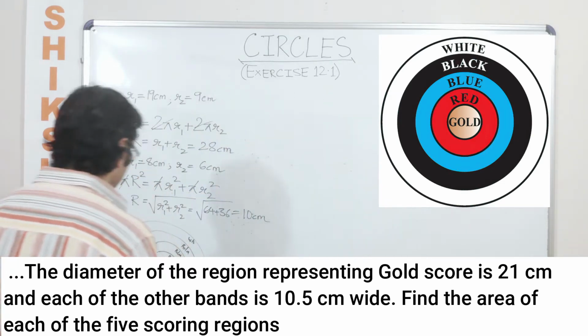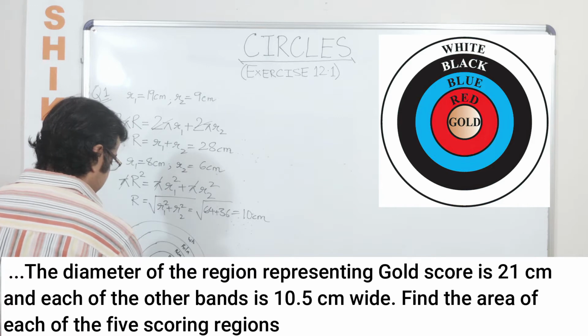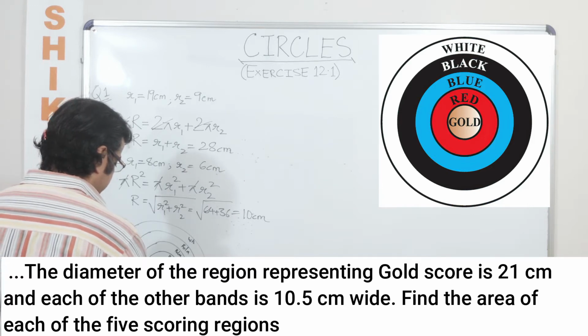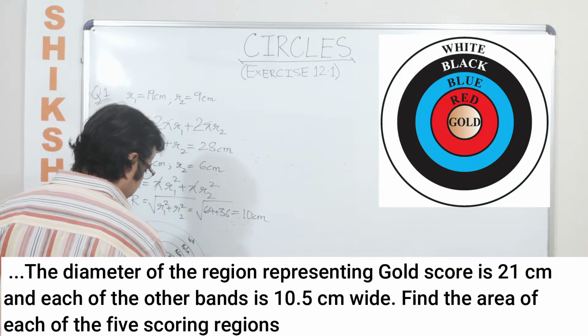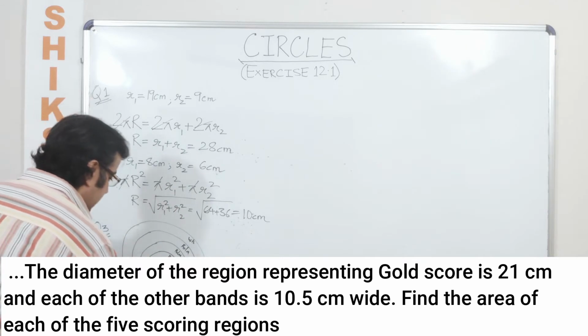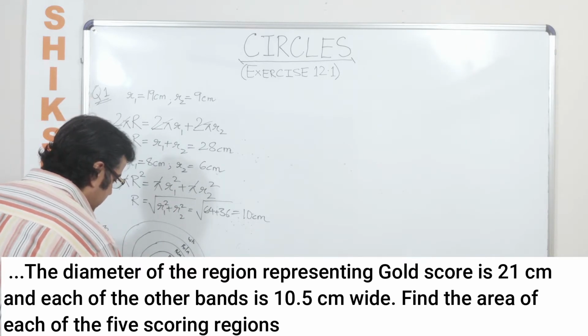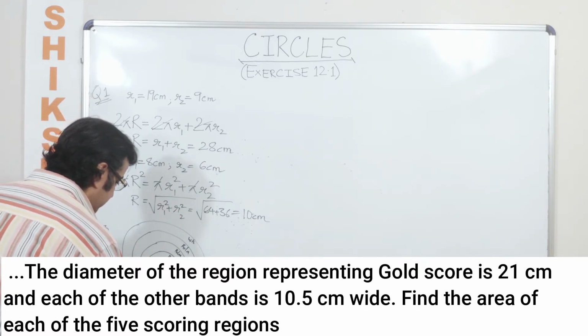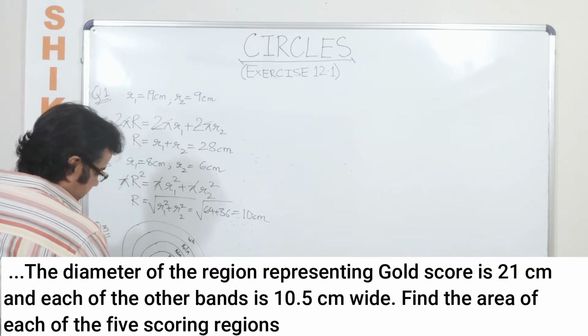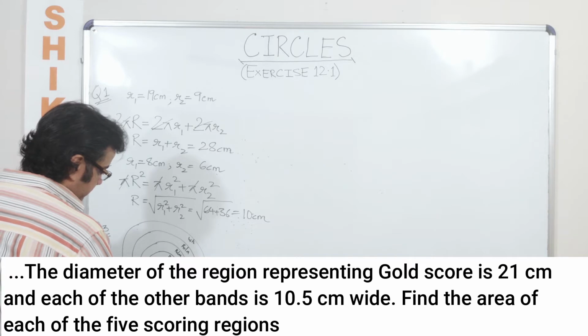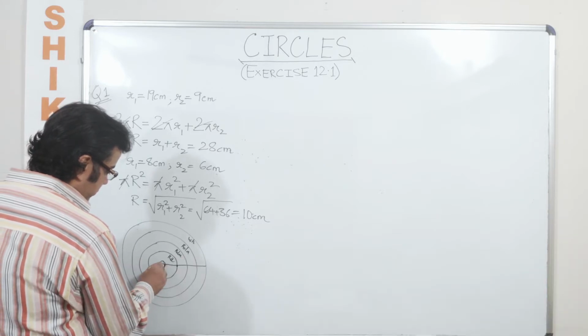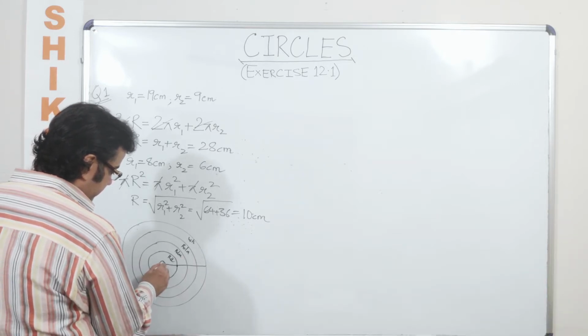So when the diameter of this circle is 21 centimeters, I'll take a common radius to all of them, and from here I'll take the center here as G. Now this is the center of the circle, and from G to, let's say this is the radius.